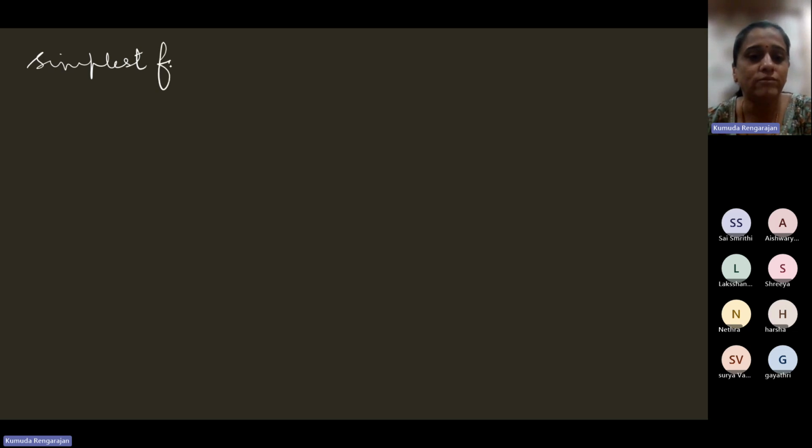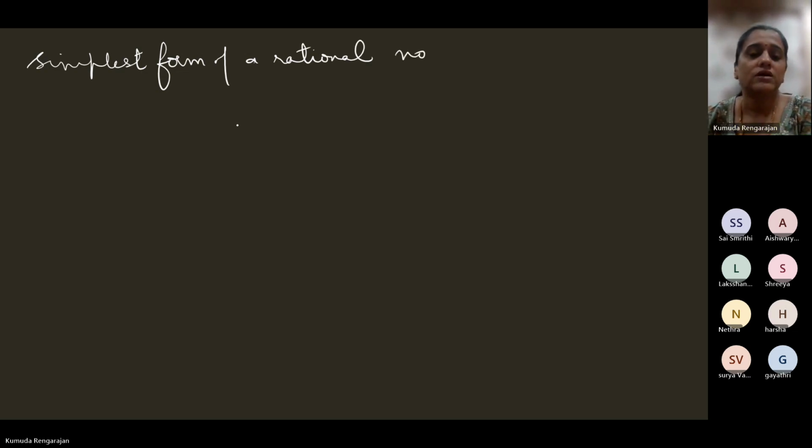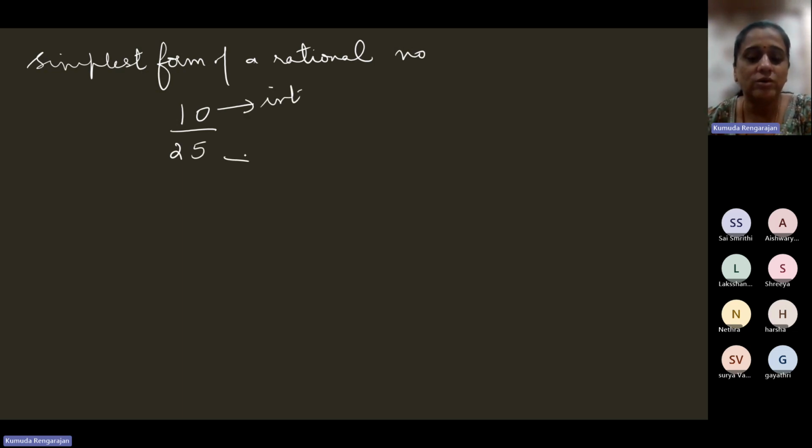Now, consider this rational number 10 by 25. 10 by 25 is a rational number because the numerator 10 is an integer and the denominator 25 is an integer. So integer by integer is a rational number.